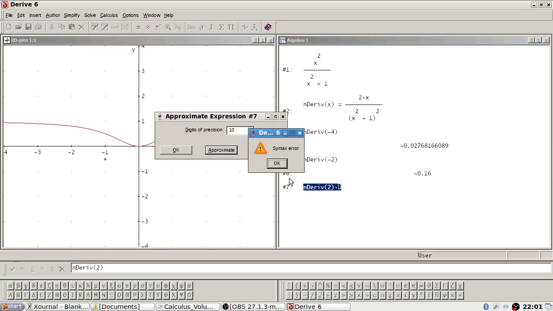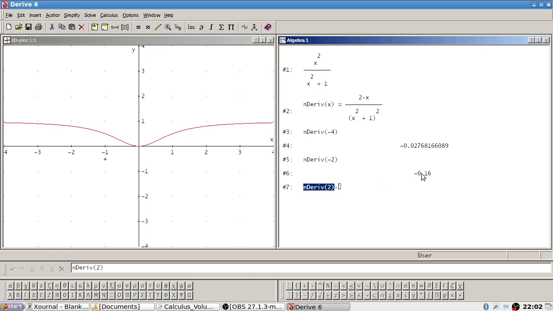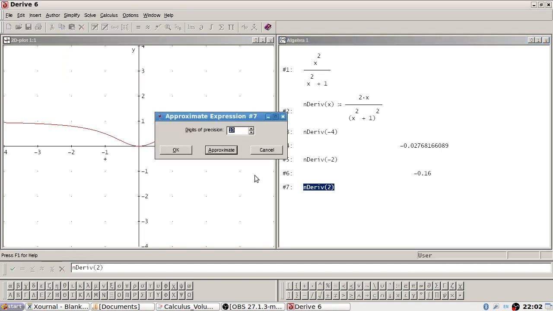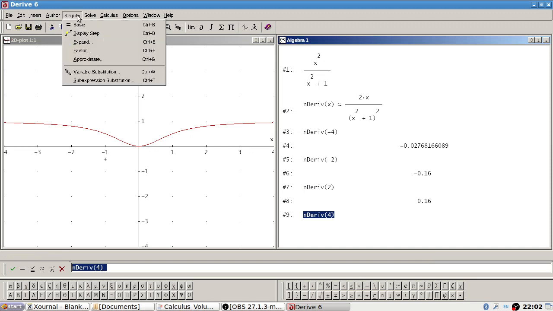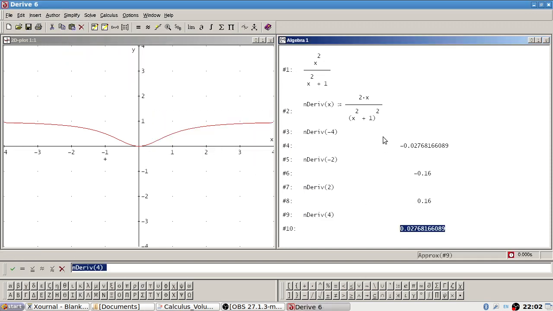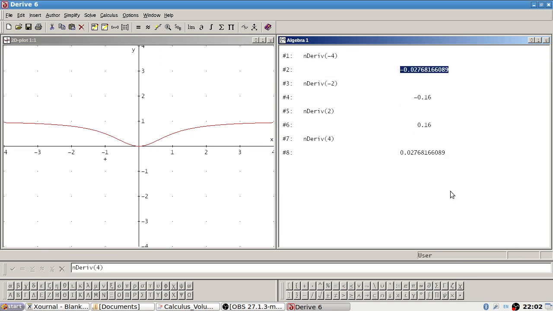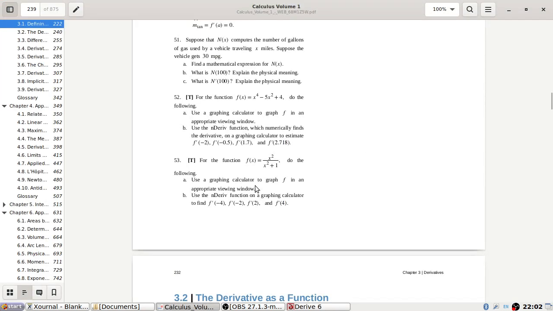I don't like that weird symbol at the end. Oops. Two and 4. Okay. Right, so there are our 4 answers.